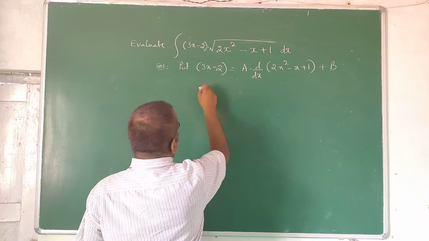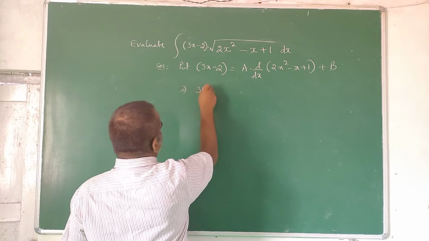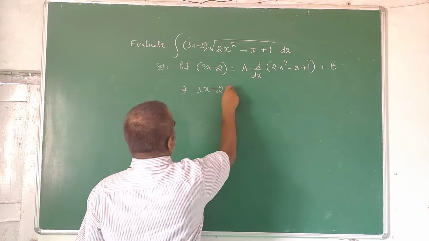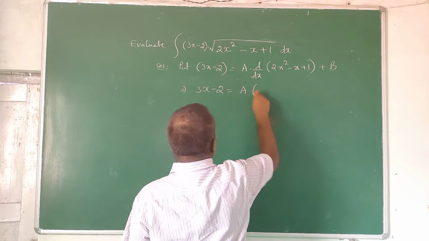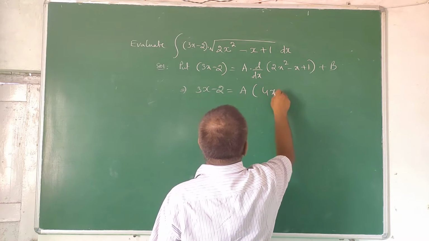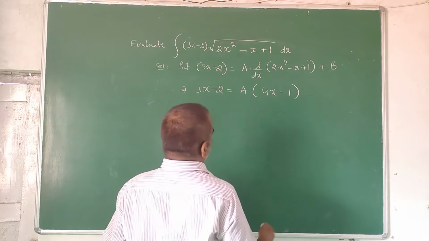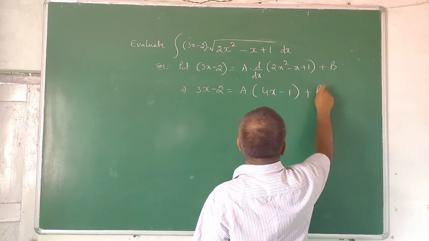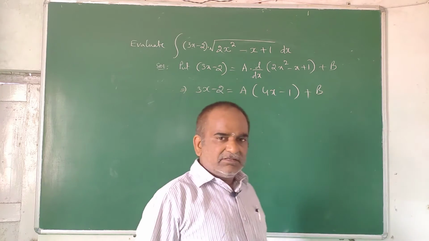So this implies 3x minus 2 is equal to a into d by dx of 2x square minus x plus 1, which is 4x minus 1, plus b, right?